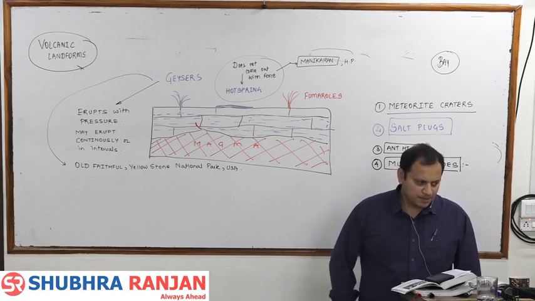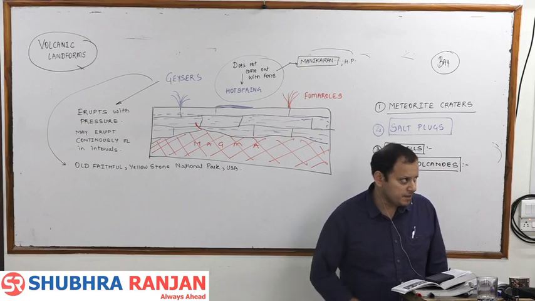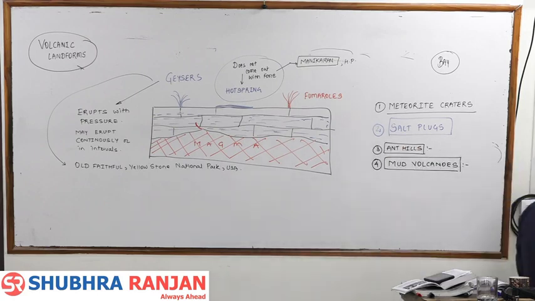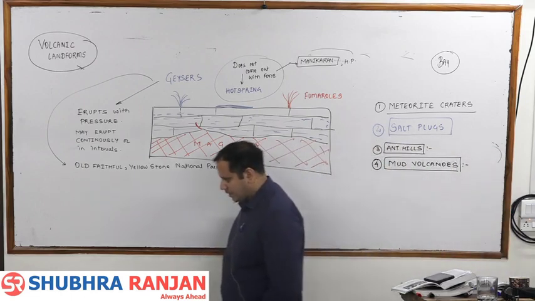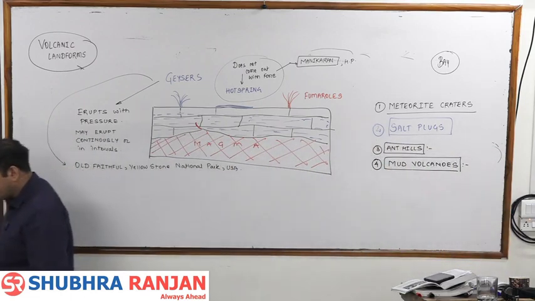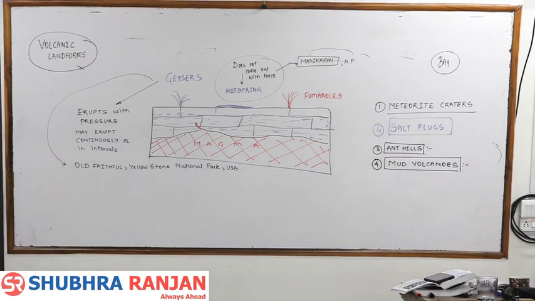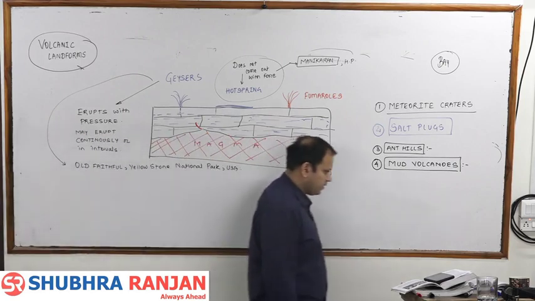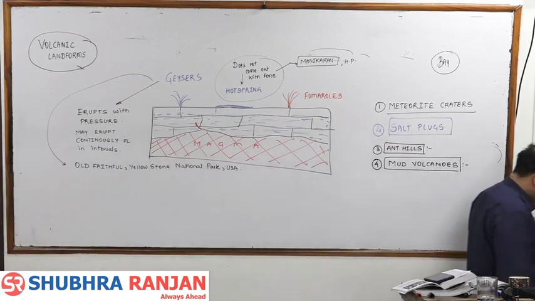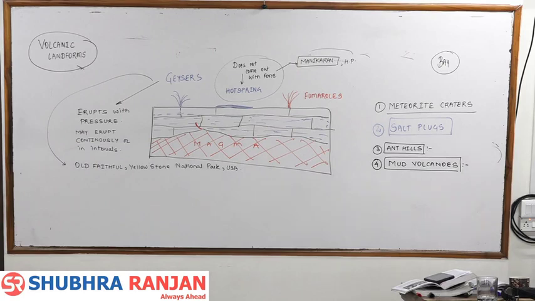This unconsolidated mud then flows down due to any trigger event such as an earthquake or landslide, in the form of mud volcanoes.